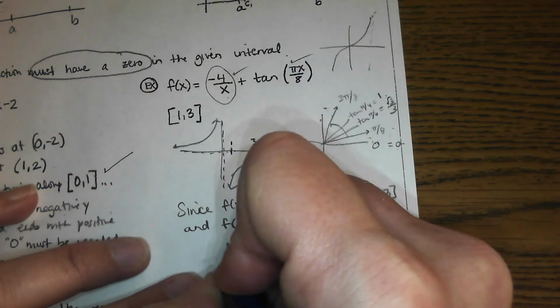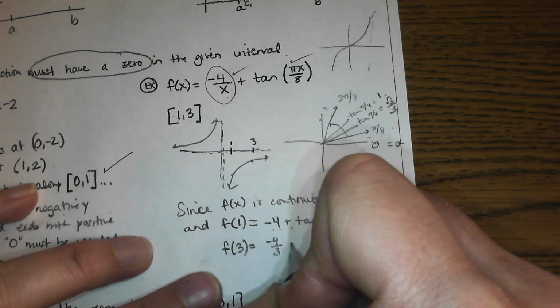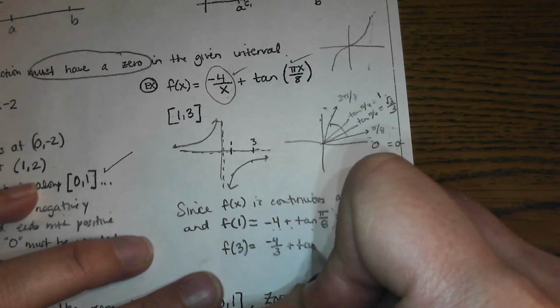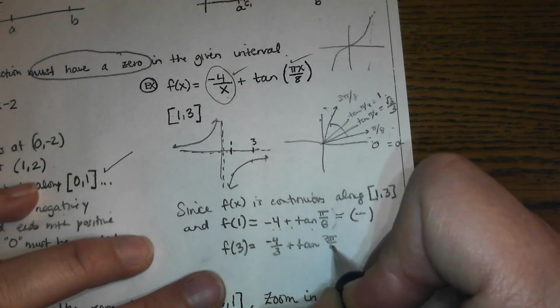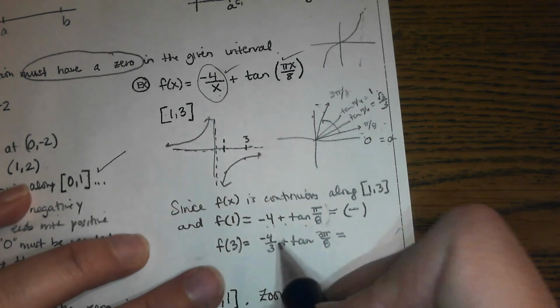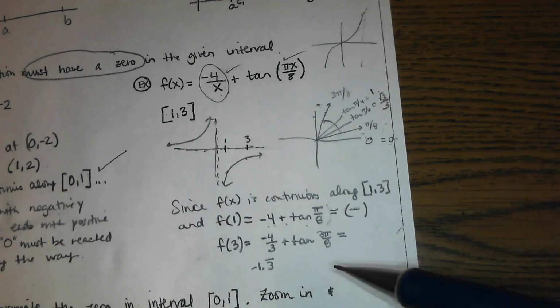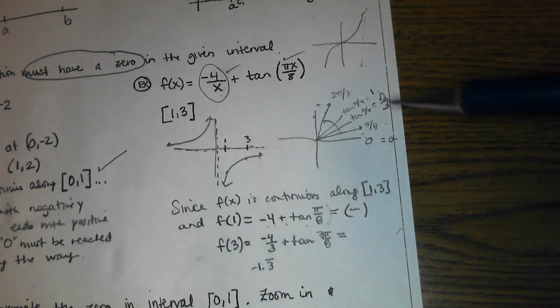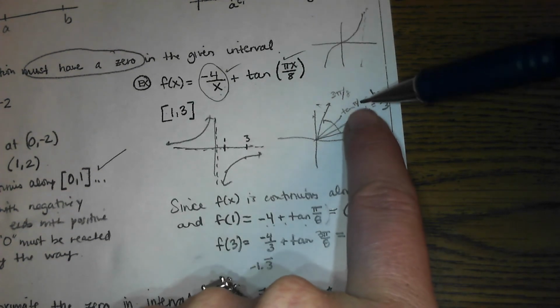And if I plug in 3, it's going to be negative 4/3 plus the tangent of 3 pi over 8, which is negative 1.3 repeating. And again, we don't know about 3 pi over 8, but I do know that 3 pi over 8 is slightly past 2 pi over 8. You follow?